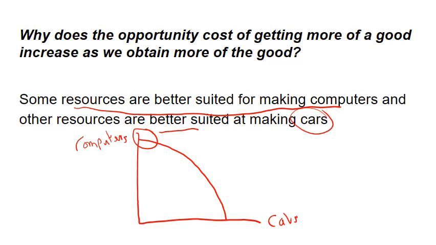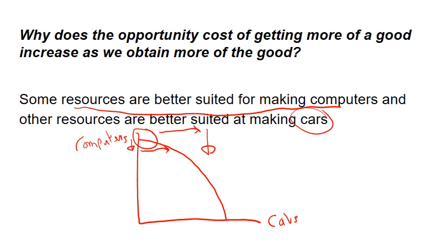But as we move to the right and down, which resources are going to be the first ones that we're going to take away from making computers towards making cars? Well, it's going to be the resources that are best at cars and that are worst at computers. So initially, we're not going to give up very many computers to get more cars because we're going to be taking resources that are bad at computers and good at cars to make those cars.